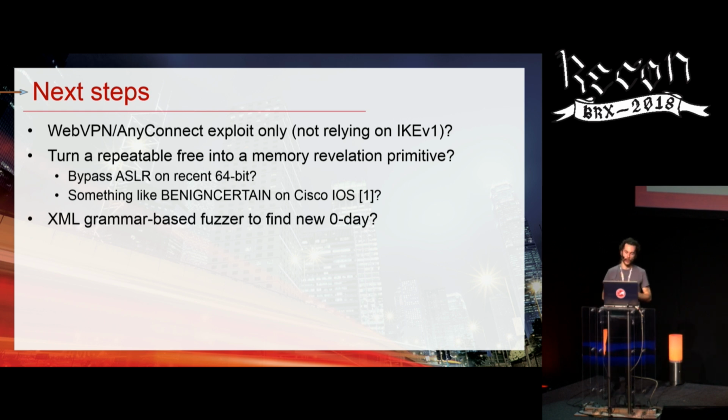Even though I was able to get some packet in response, I haven't been able yet to combine both the fragmentation and the packet to get something in response. But if you have any idea to discuss about how to leverage this kind of bug to create a memory revelation primitive, I'm interested to hear about it.